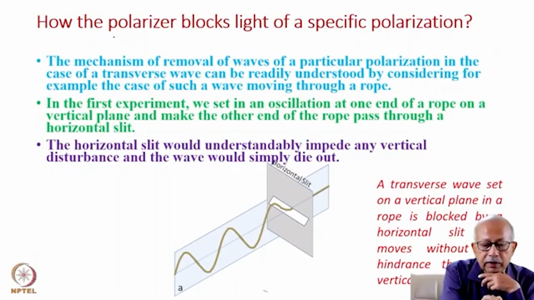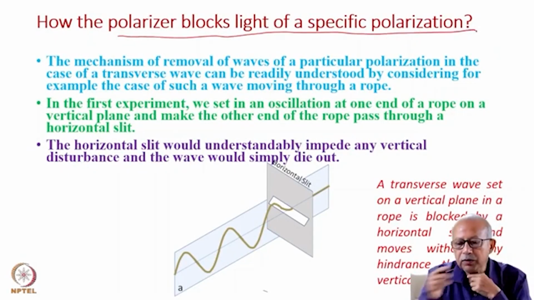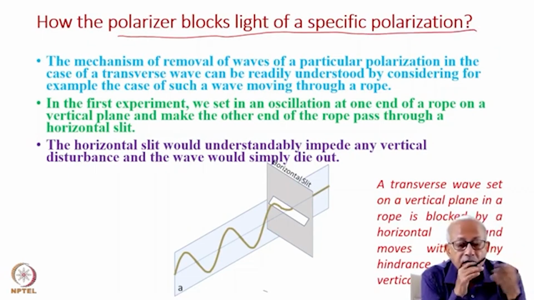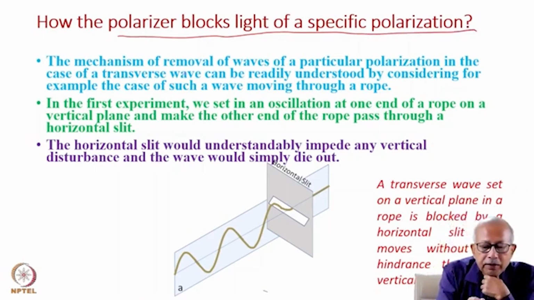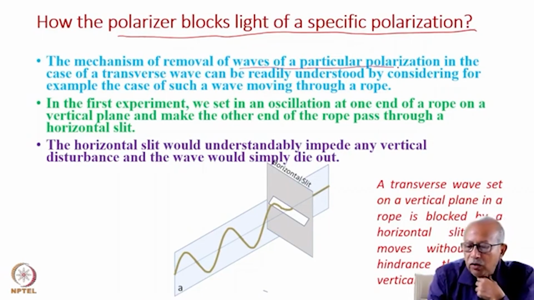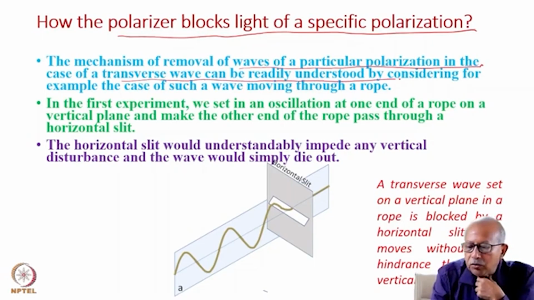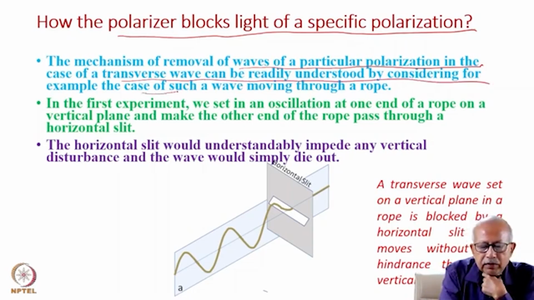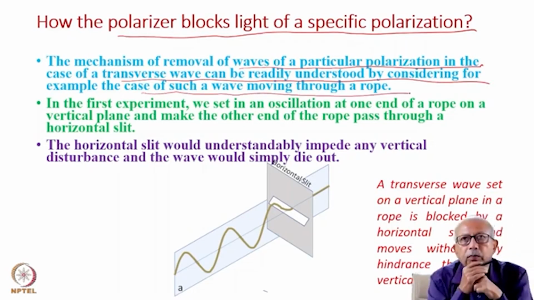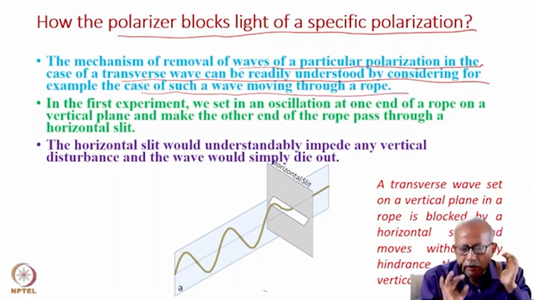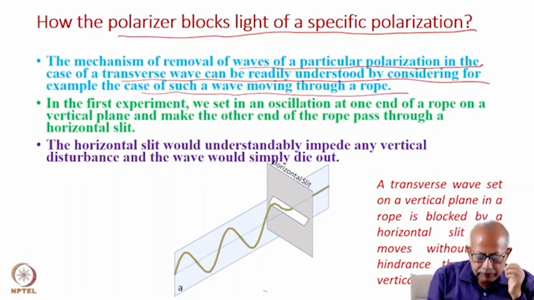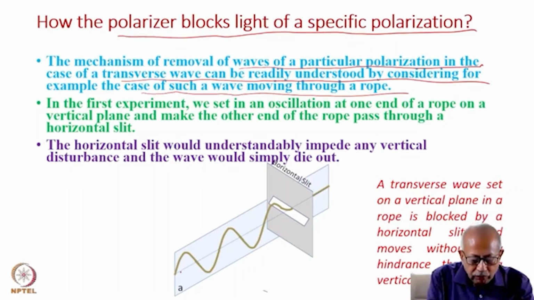Now, how does a polarizer block light of a specific polarization? The mechanism of removal of waves of a particular polarization in the case of a transverse wave can be readily understood by considering, for example, a transverse wave moving through a rope. We conduct two experiments. In the first experiment, we set a transverse wave on one side of the rope, as you can see here, on a vertical plane.